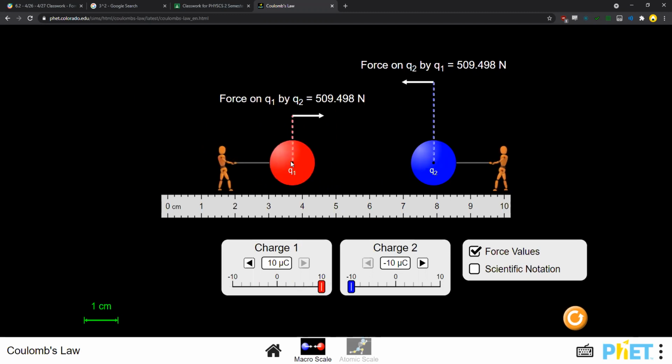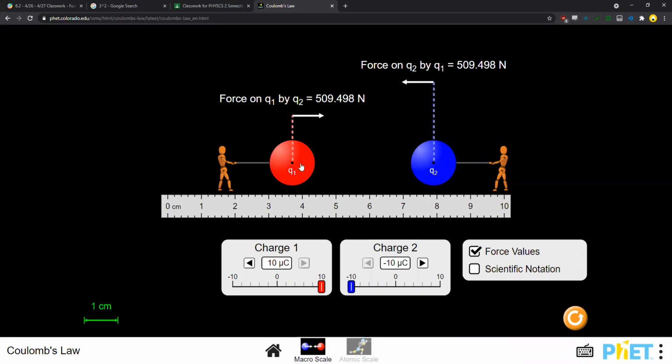Are these 2 charged objects going to attract or repel? Attract. Why? That wouldn't be the reason why. They're opposites, yes.